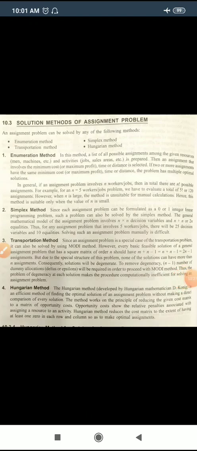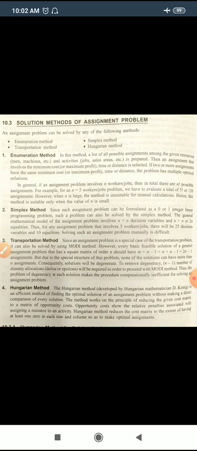Solution of the assignment problem. There are 4 methods to solve it. First is the enumeration method, in which we make a list of all possible assignments among the given resources. With 1 person and 1 job, we can easily calculate. With 2 persons and 2 jobs, we can also use enumeration: the first job is done by the first person and the second job by the second person, or the first job is done by the second person and the second job by the first person.